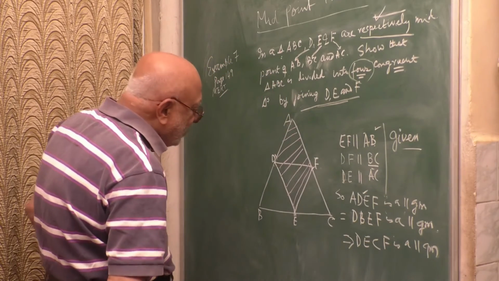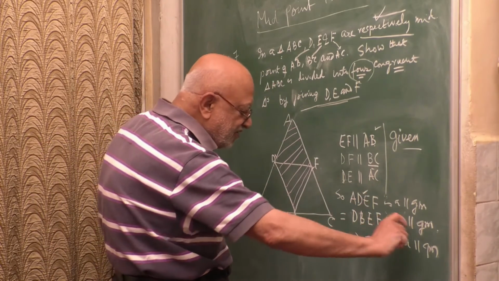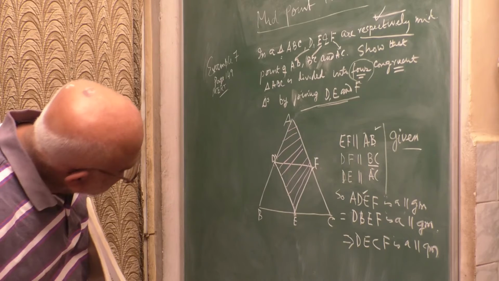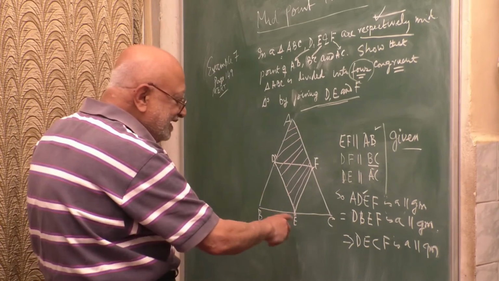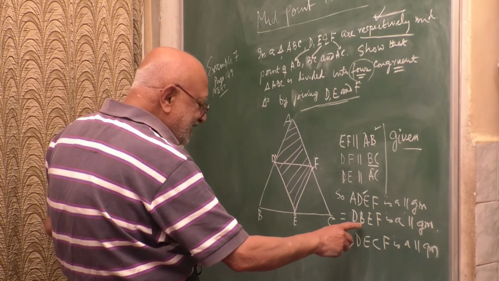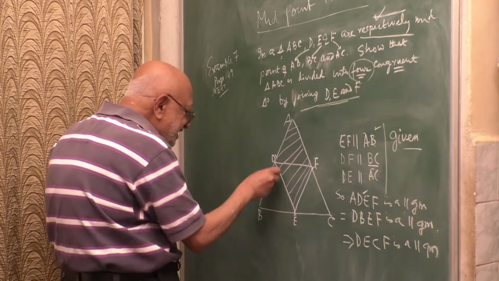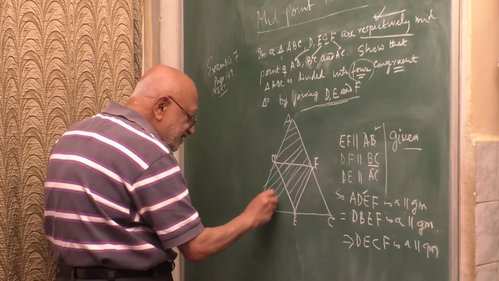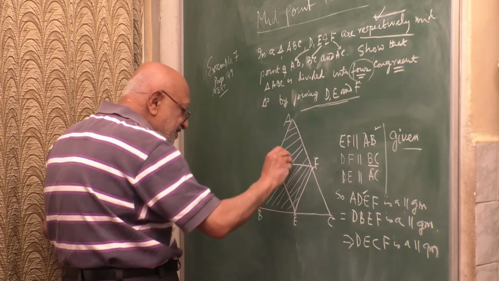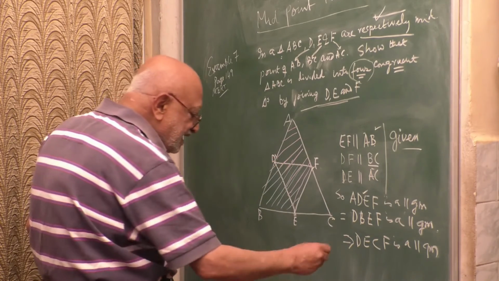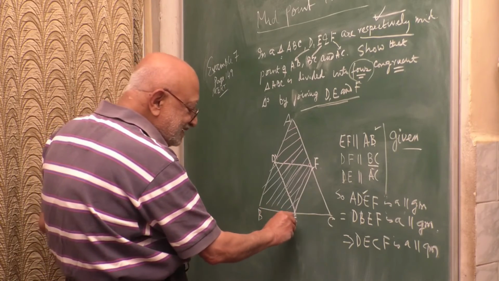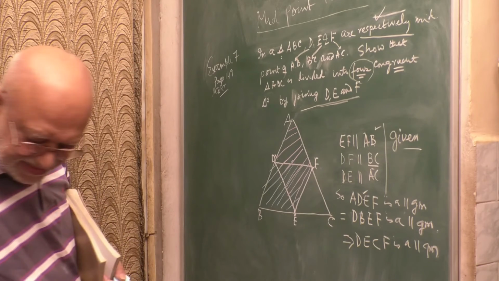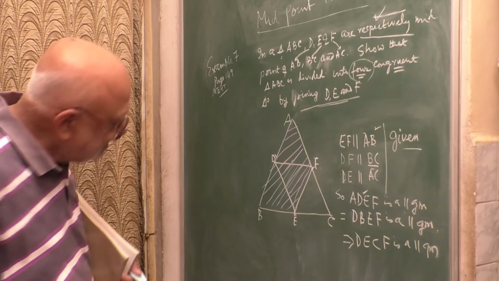Now the trick is why I am choosing only these parallelograms. What are the parallelograms I have chosen? I have chosen ADEF, DBEF, and the other parallelogram I have chosen is DECF.